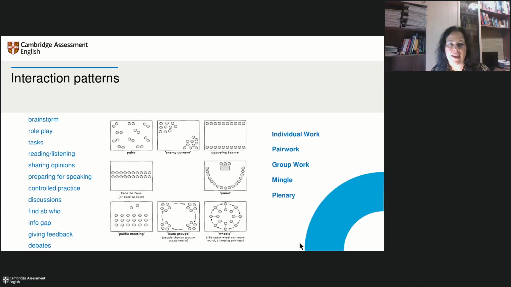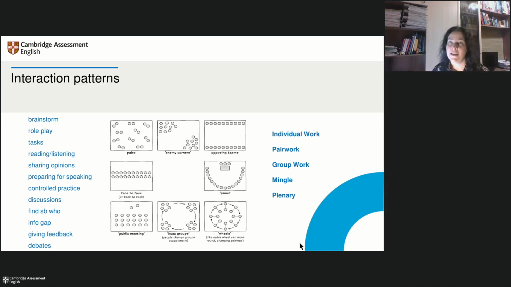Great. Okay, so basically what you do is you consider the type of activity and then you decide what interaction patterns to use, in what order. Can you reuse the same task? Will there be an element of repetition or not?